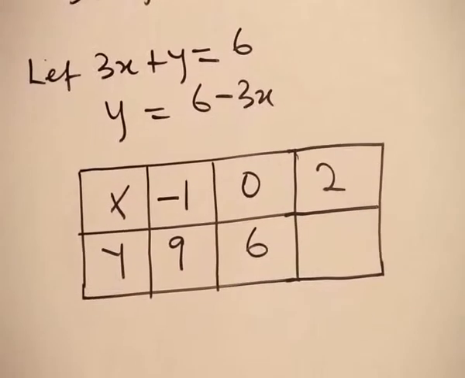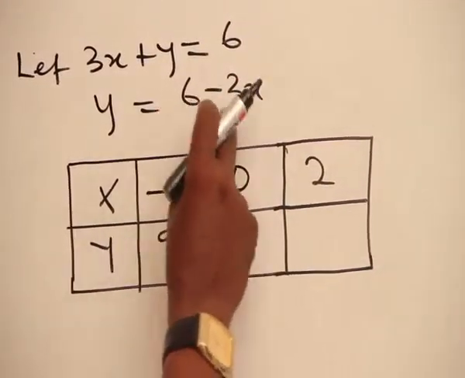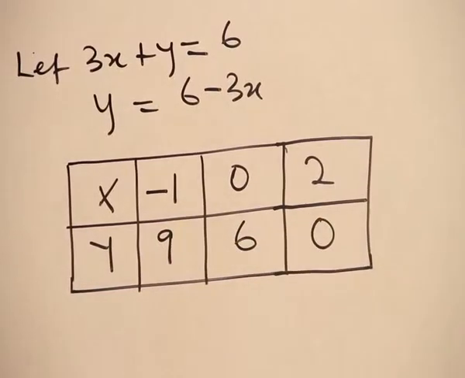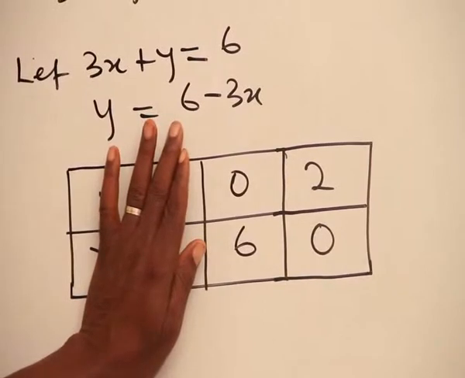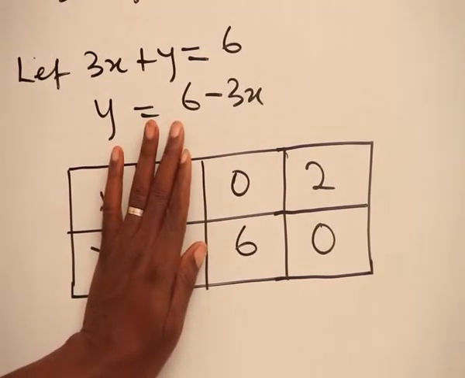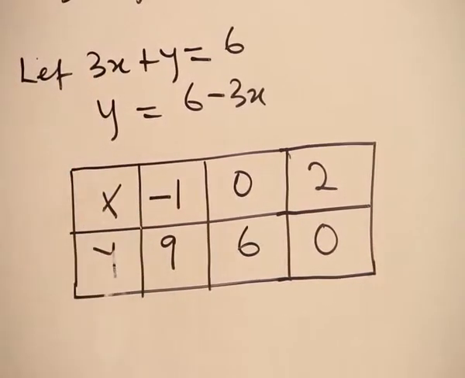Then you take another value. When x is 2, 2 times 3 is 6, and 6 minus 6 is 0. As a matter of fact, in some cases, the values 0, 6 and 2, 0 are enough for you to draw the graph. It will remain the same even if you do not use this one.